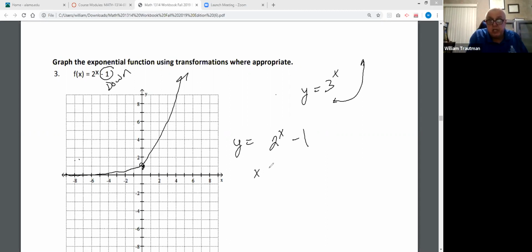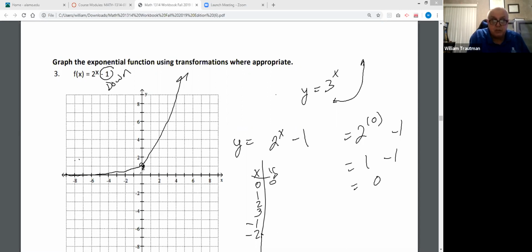So I'm going to do the x and the y, and I'm going to do 0, 1, 2, 3, and -1, -2. If I put 0 into this function, 2 to the 0 is 1. 1 minus 1 is 0. So I get 0, 0.